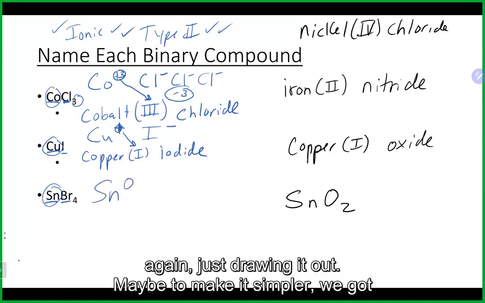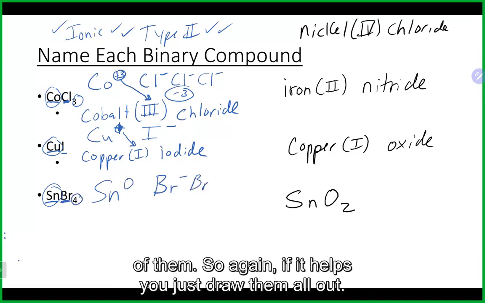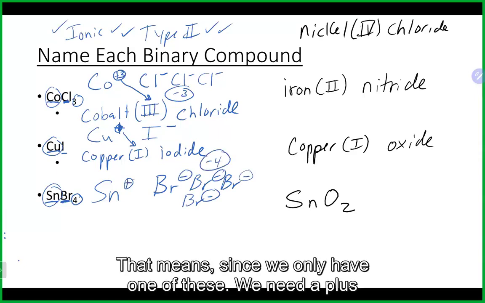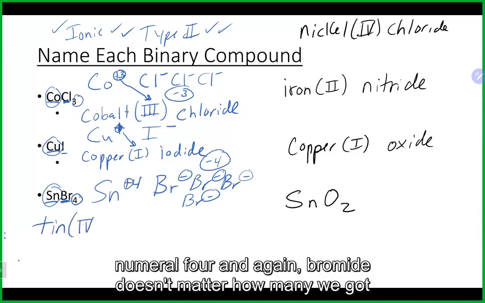Once again, just drawing it out, maybe to make it simpler, we got Br, which is group 7, has a -1 charge. There are 4 of them. So again, if it helps you, just draw them all out, yeah? And then count 1, 2, 3, and 4. That's a -4. That means since we only have one of these, we need a +4 happening on that guy. And that would get us tin Roman numeral 4.